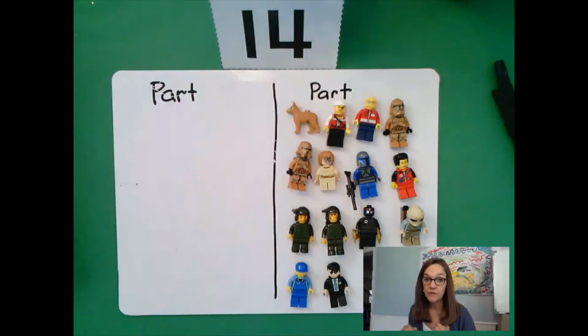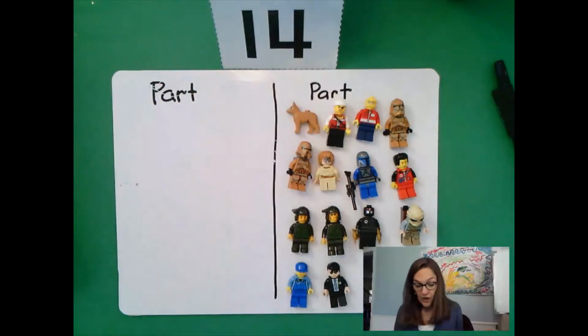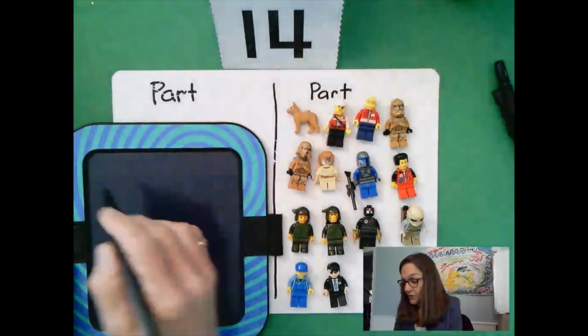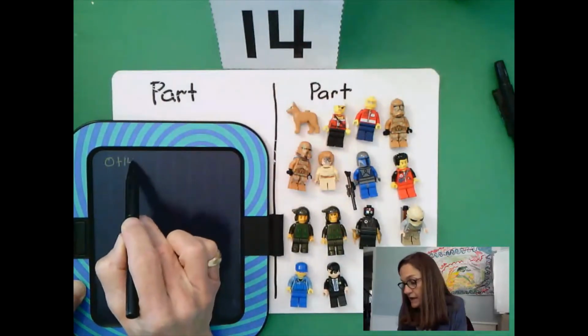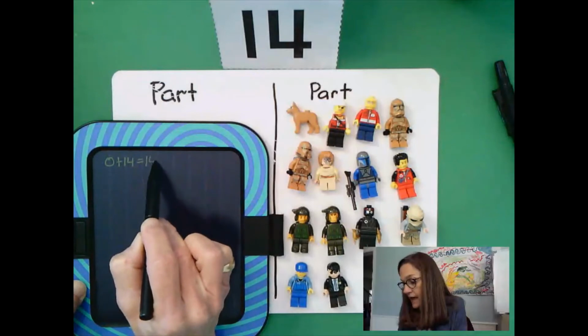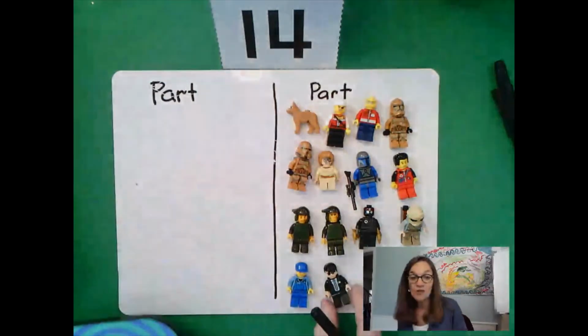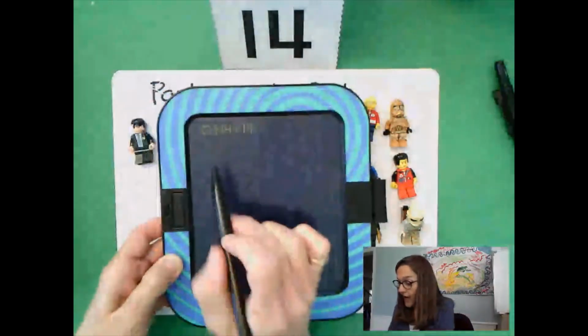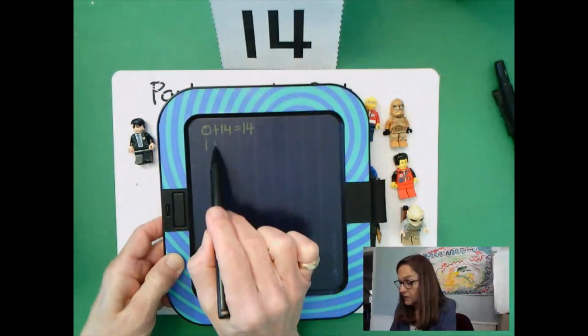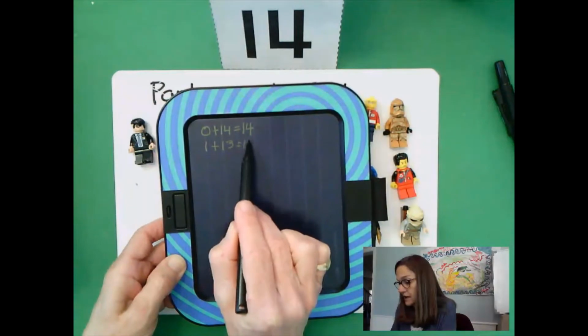That fits perfectly on the screen. Okay, so 0 plus 14 equals 14. And once again, what am I going to do? I'm just going to move one of these over to the other side. So now we have 1 plus 13 equals 14.